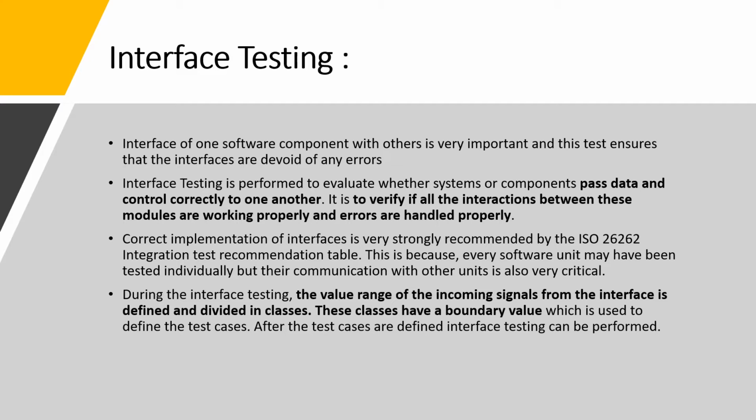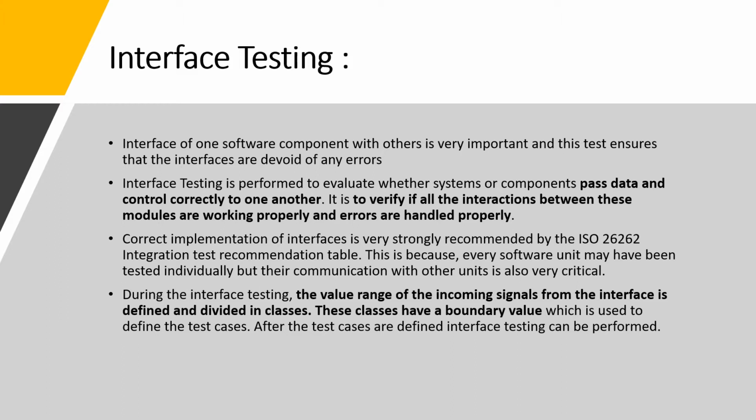Here we ensure that a particular component or system passes correct data to another software component. Components must pass data and control correctly to one another. It verifies that all the interactions between these modules are working properly and errors are handled properly.